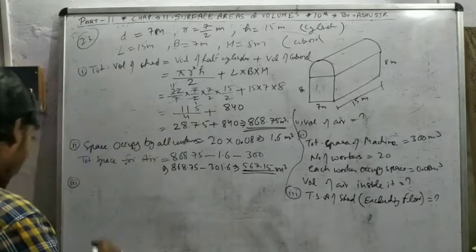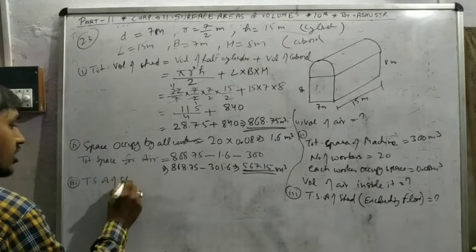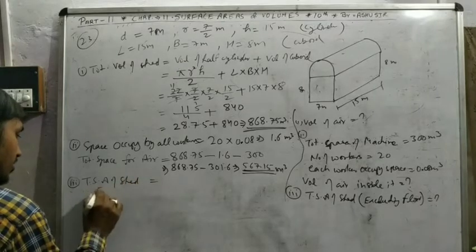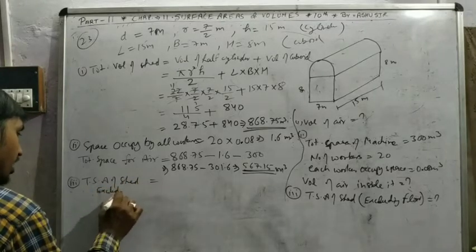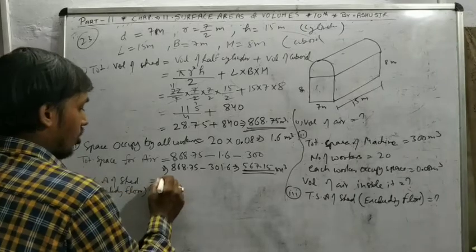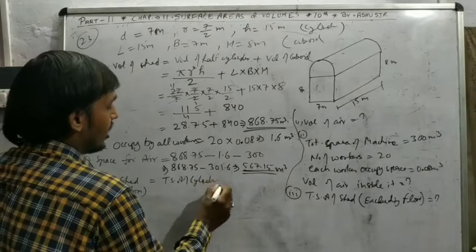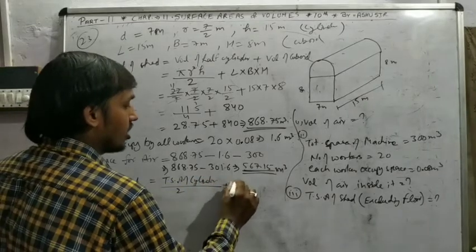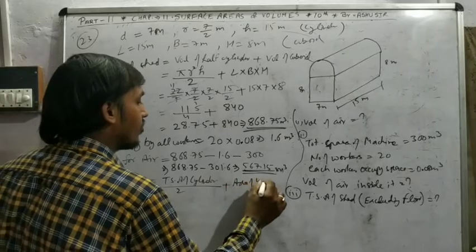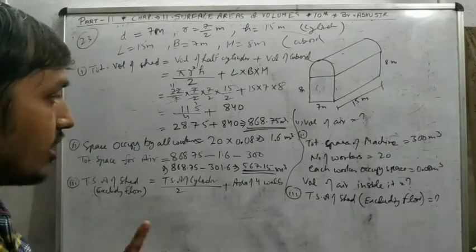So total surface area of shed excluding floor is the total surface area of cylinder by 2 plus area of all 4 walls, and the cylinder's half.